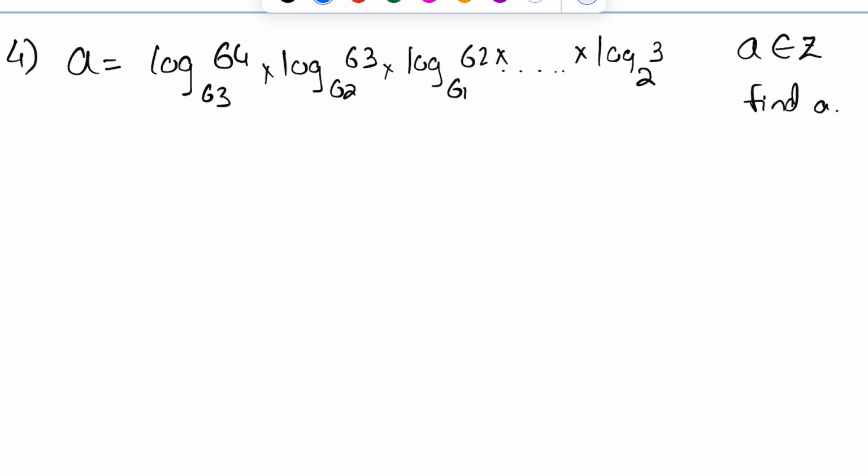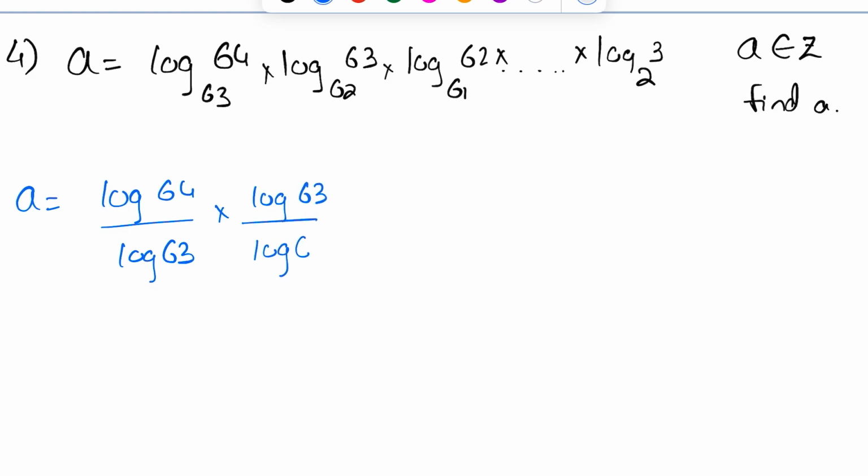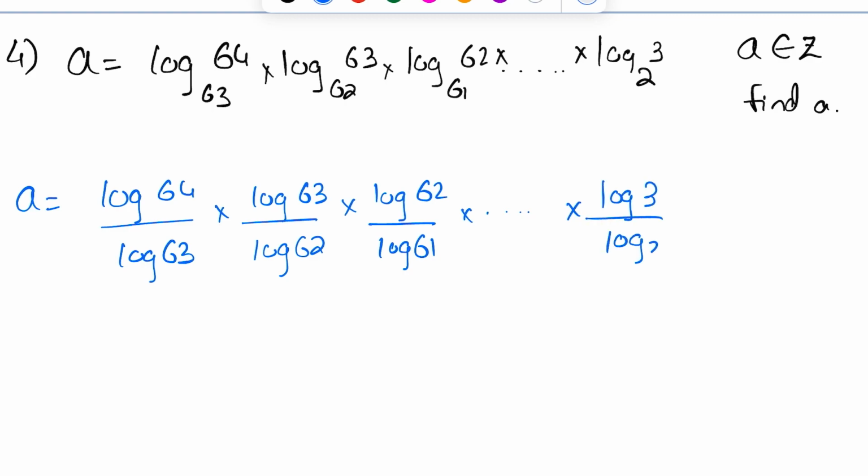So what am I going to do? A equals log 64 to the base 63, which can be written as log 64 upon log 63, times this can be written as log 63 upon log 62, times this can be written as log 62 upon log 61, and so on, times log 3 upon log 2.